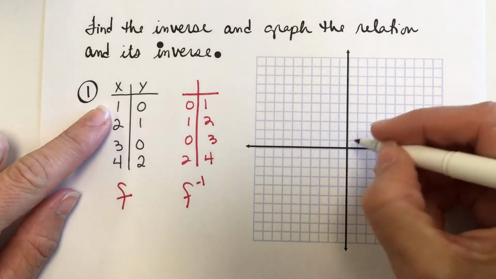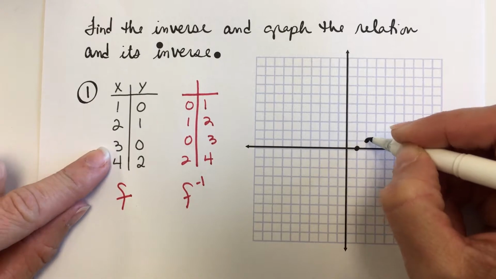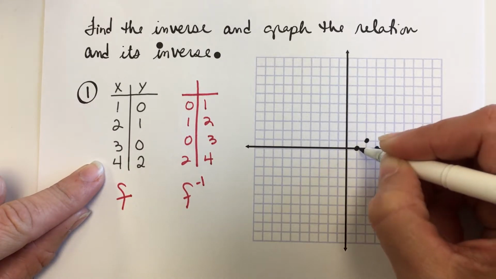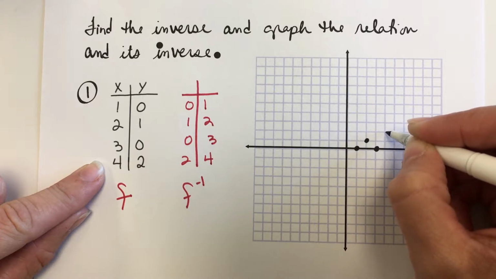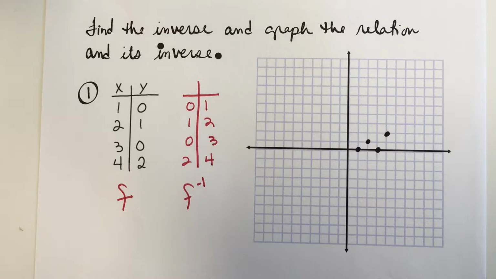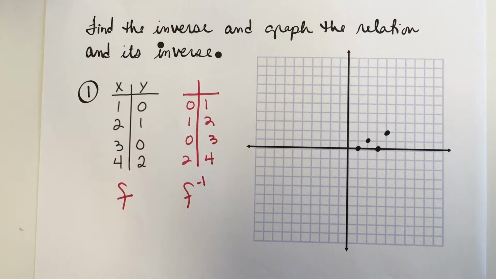So if you plot these points, so 4, 2, you would have those. That would be the original function, okay? Now we're not connecting these up because this relation consists of these 4 ordered pairs, and that's it. So this relation is just points.